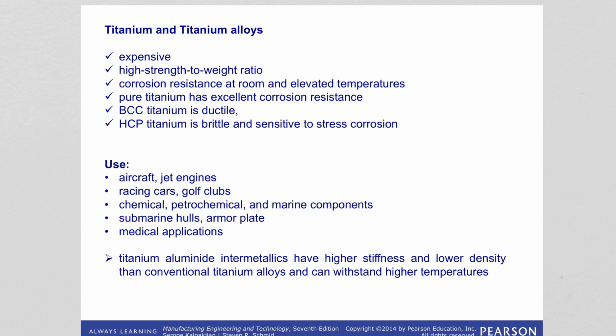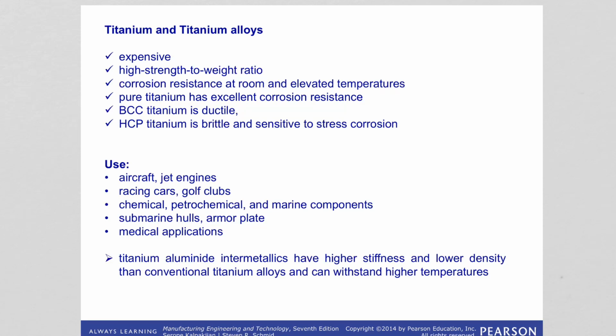Pure titanium has excellent corrosion resistance, and titanium has different crystal structures, again depending on temperature and composition. It can be BCC or HCP. Of course, this changes the behavior. BCC will be ductile, HCP will be brittle, and of course when it's brittle, it's sensitive to stress corrosion.